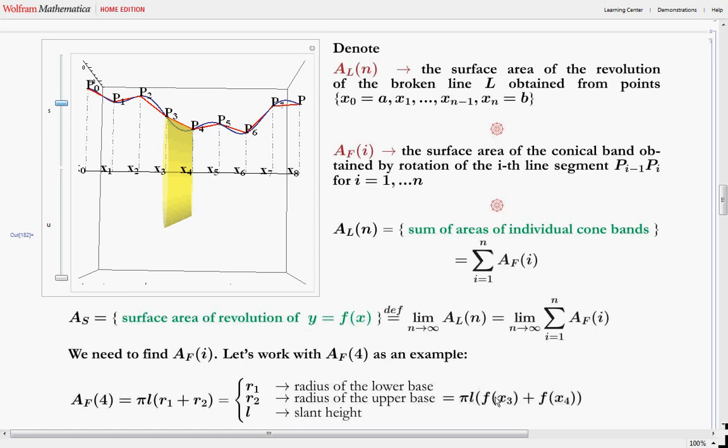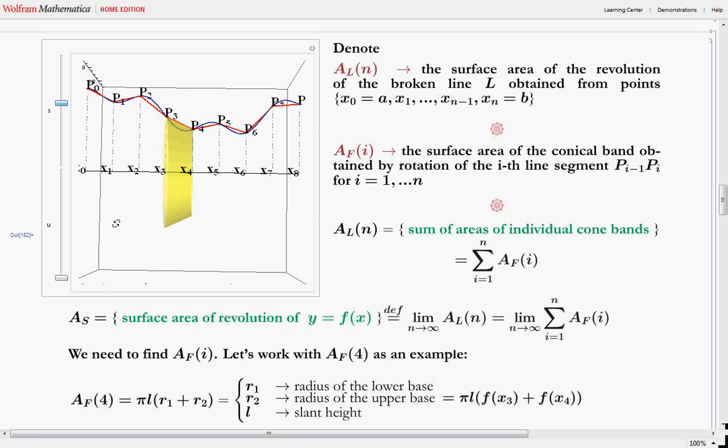In order to calculate this limit, we need to find the areas of the individual conic bands. To make the arguments more concrete, let's work with, say, the fourth line segment P3, P4 of the broken line on our image. You can see that the radii of that conic band are the values of the function at points x3 and x4.